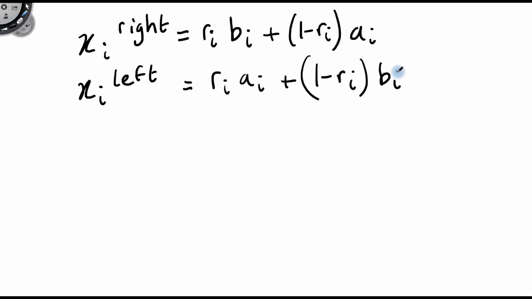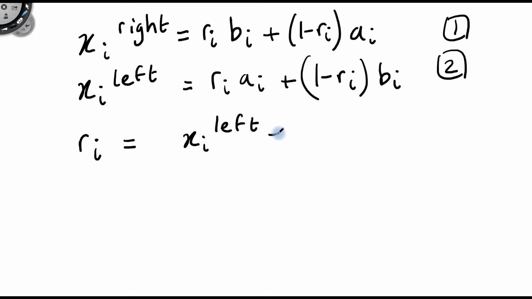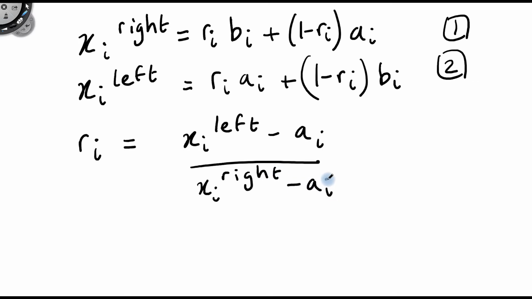Let's call these 1 and 2. The main thing that we found from last time, I'll just retain the last part of the brackets, was this ratio at any time: xi left minus ai on xi right minus ai. That's simply this ratio in the second part of the iteration that we showed there.